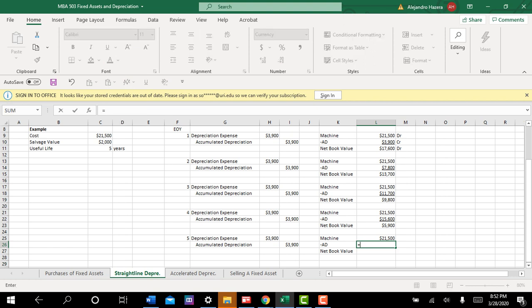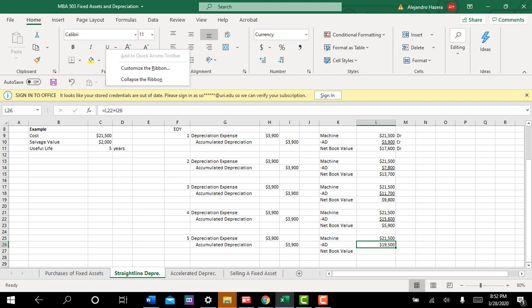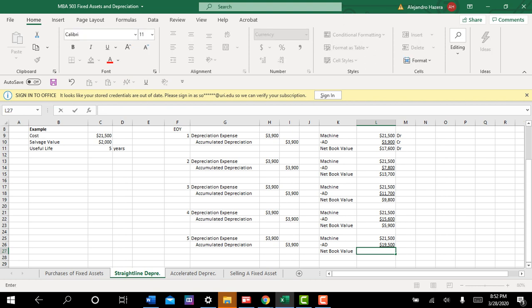Your new accumulated depreciation is going to be last year's accumulated depreciation plus this year's new accumulated depreciation. So our new accumulated depreciation is 19,500. And I want to point this out, and this is why I wanted to go all the way down to the 5th year, but your new net book value is equal to 21,500 minus 19,500, or $2,000.